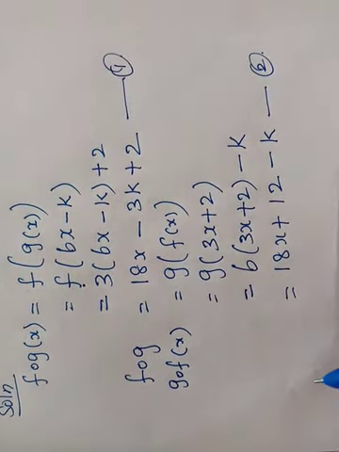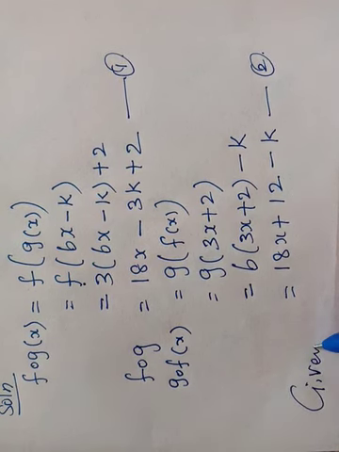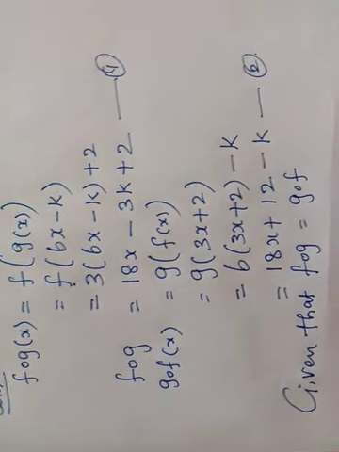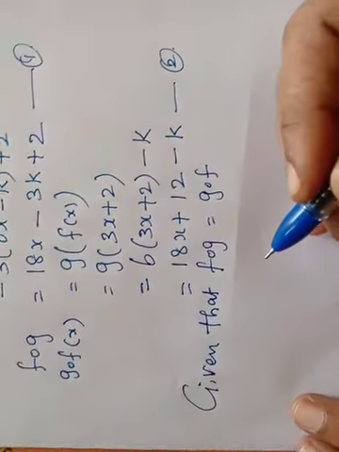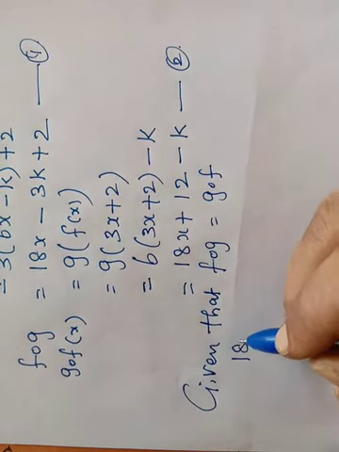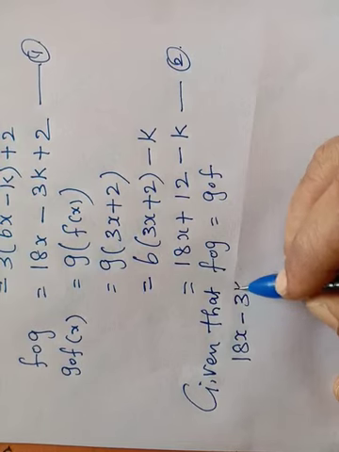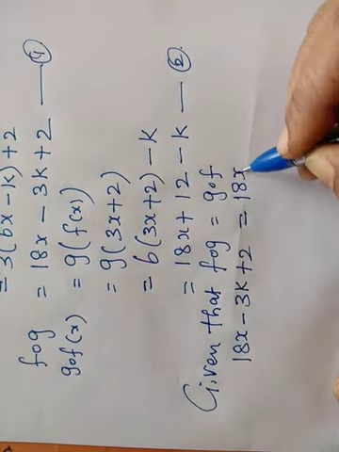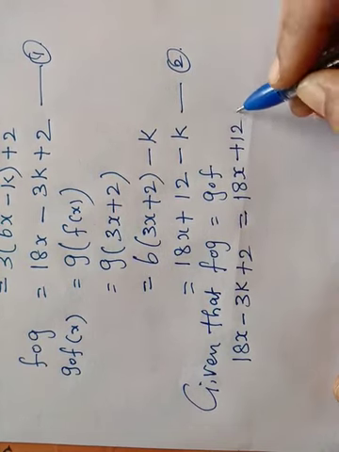Given that f composite g is equal to g composite f, we can write f composite g as 18x minus 3k plus 2, equal to g composite f, which is 18x plus 12 minus k.